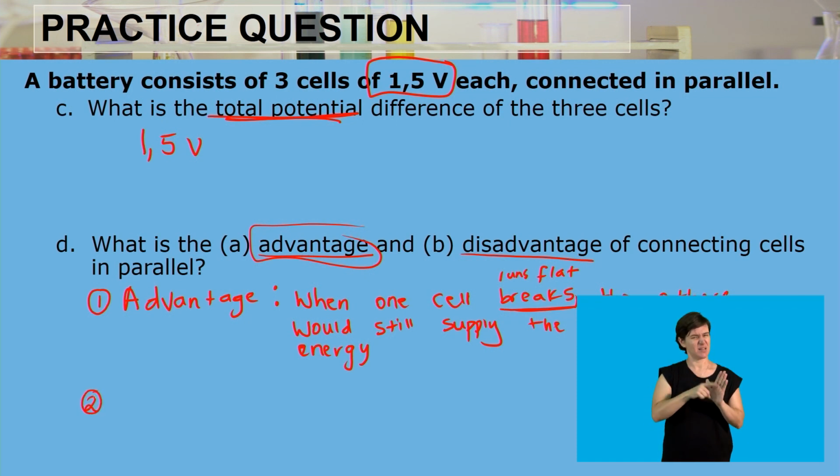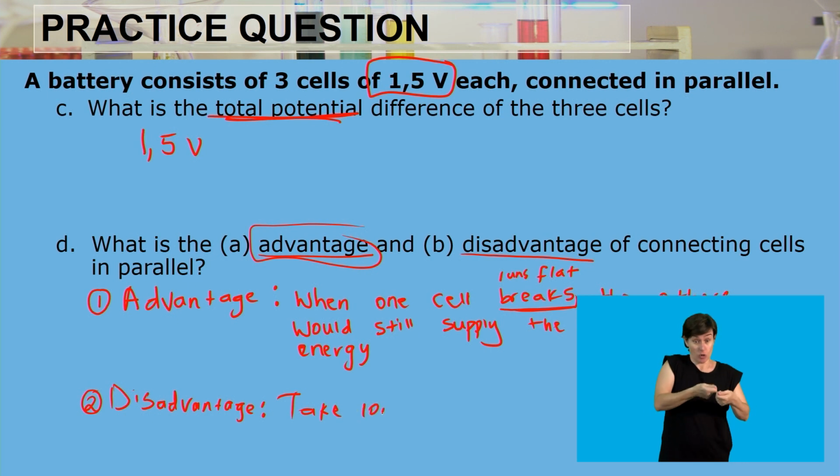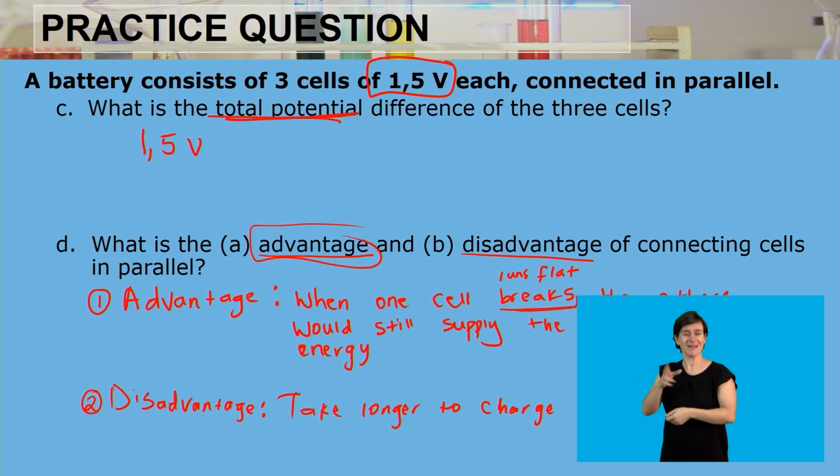Then number two, the disadvantage. The disadvantage of connecting cells in parallel is that they take longer to charge. Whenever we are connecting our cells in parallel, and let's say all of them are flat, they are going to take a long period of time to charge.